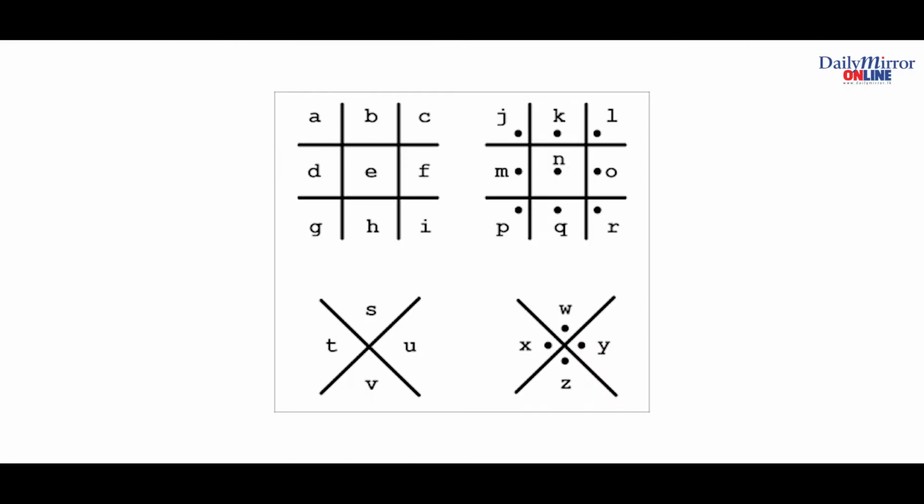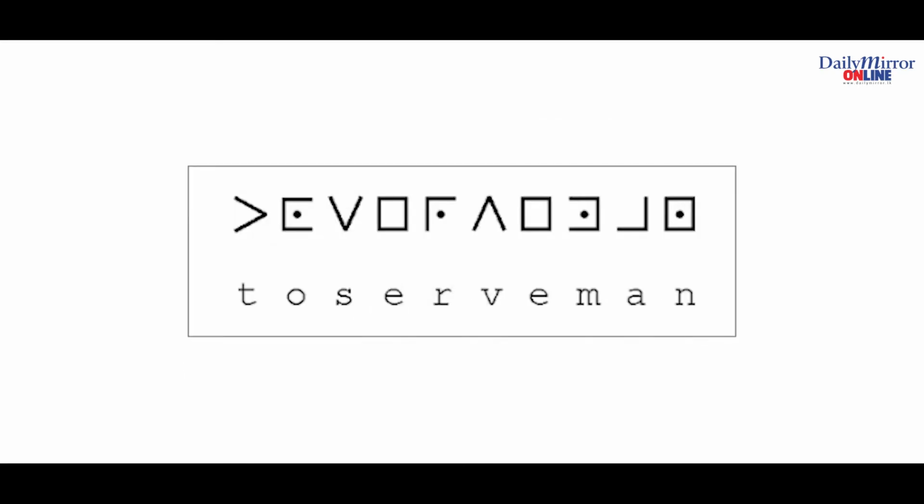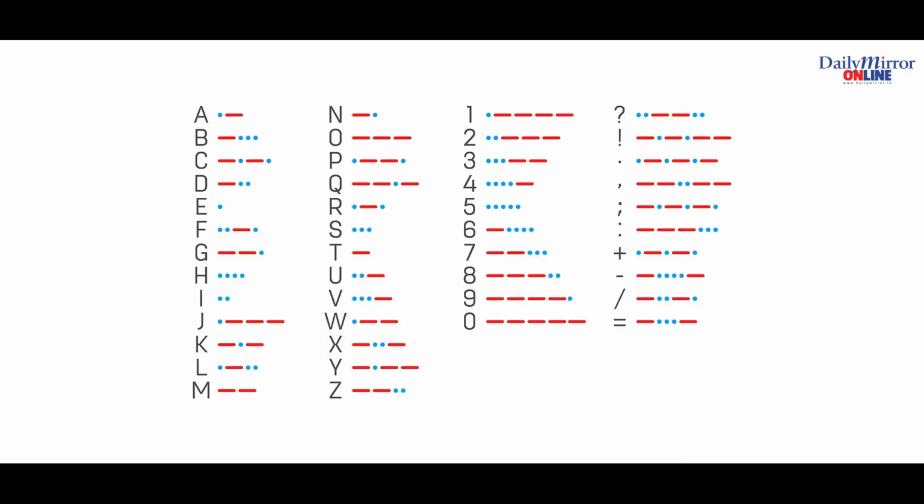Next, you fill in the alphabet from left to right and top to bottom. Then use the parts of the grid associated with each letter. This way, we can decipher what appears to be random drawings of lines and dots. Instead of geometric symbols, sound and light can also be used to create substitution ciphers. Morse code is one of these.